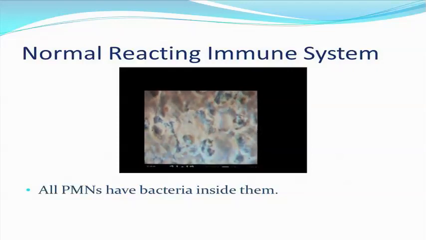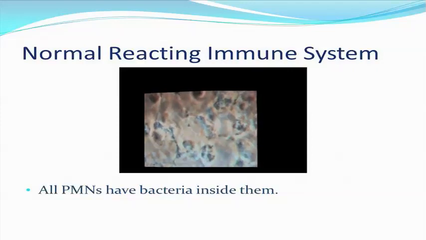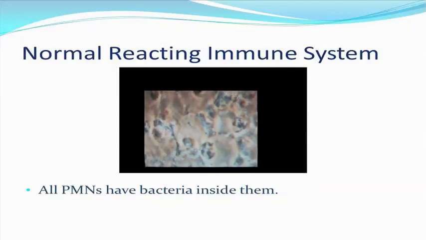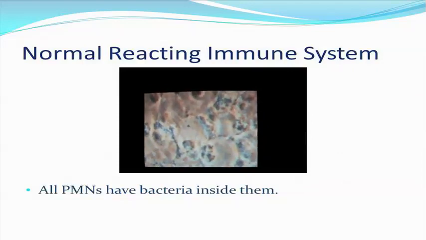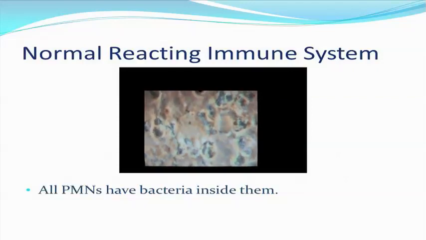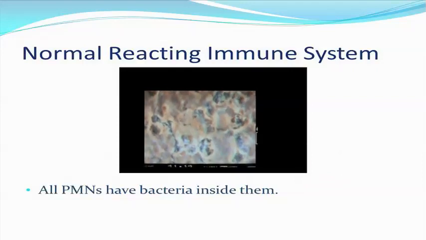This is another sample from the draining abscess of tooth number 31 that I showed in the previous slide, showing how the normal immune system works, where it traps the bacteria, they get into the pus, and then go through a draining fistulous tract to outside the body.